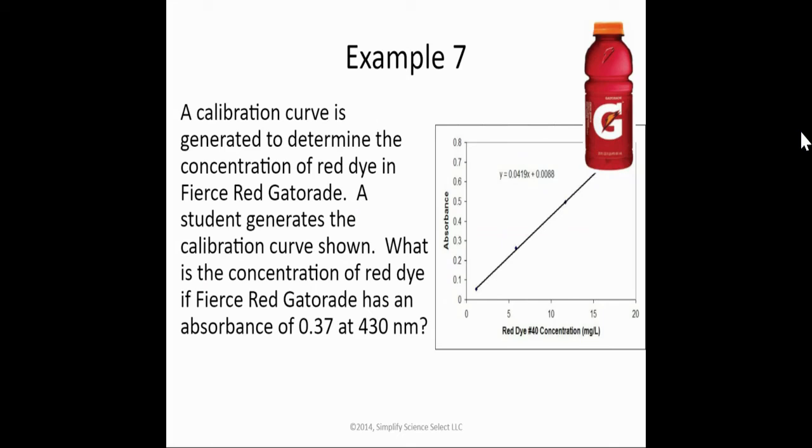So if you think about this, we said A equals ABC, and if b is 1 in Beer's law, then really we have A equals absorptivity times C. And I know in this particular example, the y-intercept is showing to be 0.0088, but logically it would make sense that our y-intercept should go through the origin, because if I have a concentration of 0, aka water, then it would make sense that there would be 0 absorbance in that light.